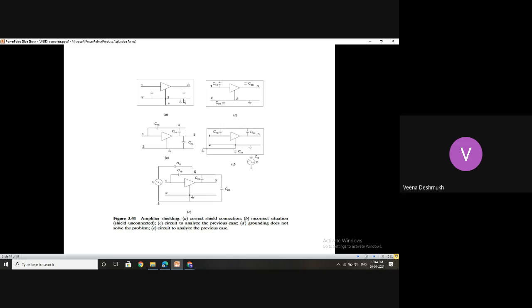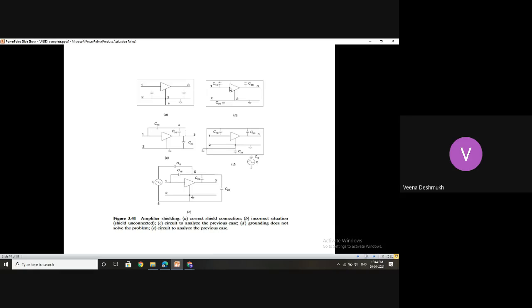Now this point is grounded, and this circuit ground is grounded to the shield. The shield is the outer part. So this point and these two are grounded. So this is the correct way of shielding. The shield and the circuit ground are maintained at the same reference potential. So this is the correct way of grounding.